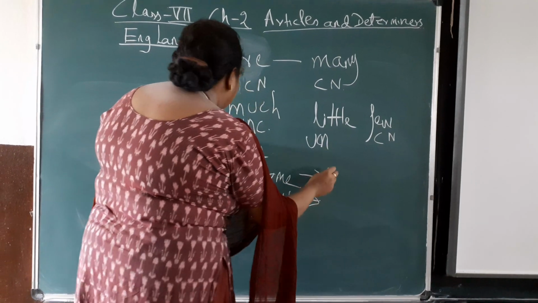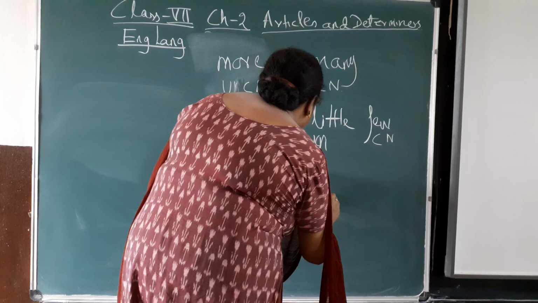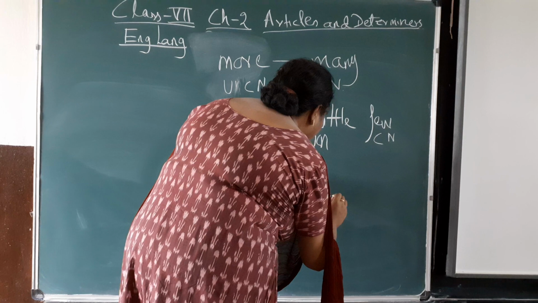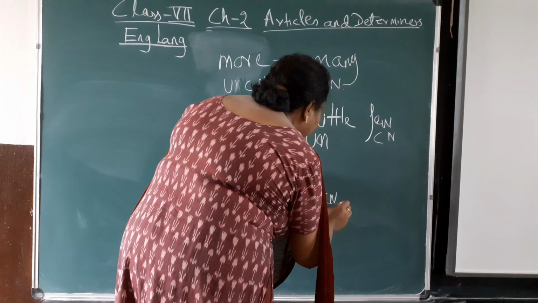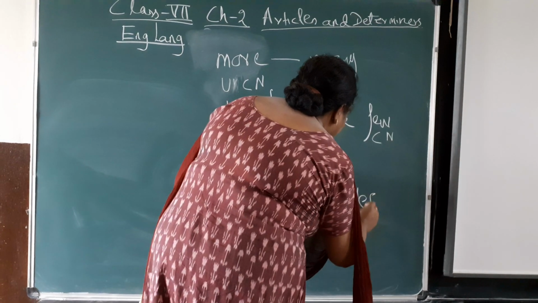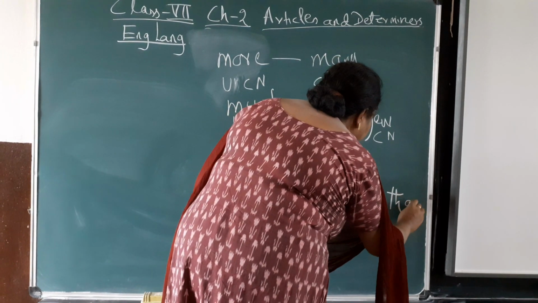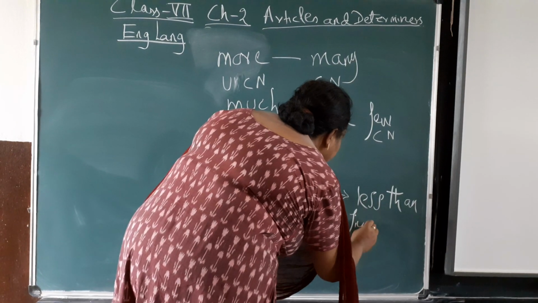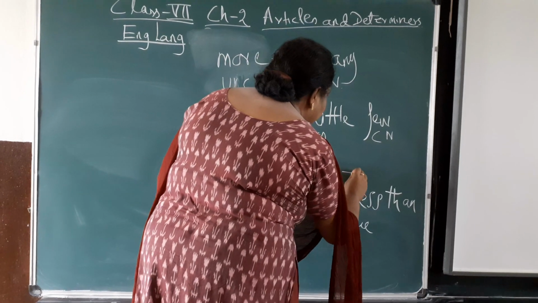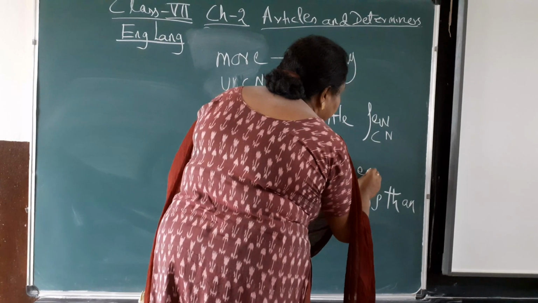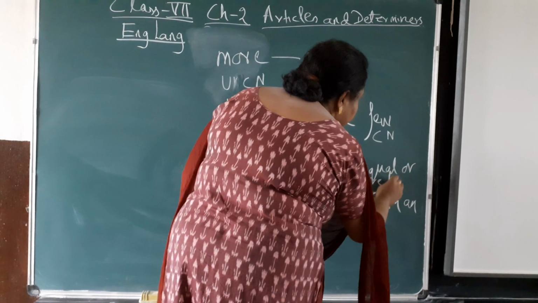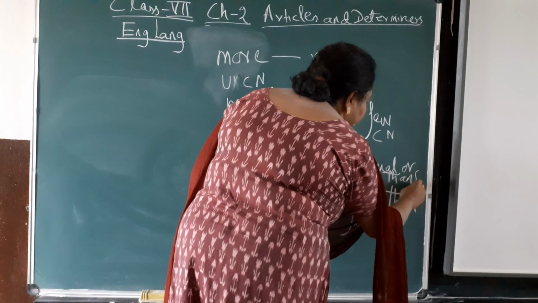Few describes countable nouns, no doubt, countable nouns less than 5, and some describes also countable nouns but equal to or more than 5.